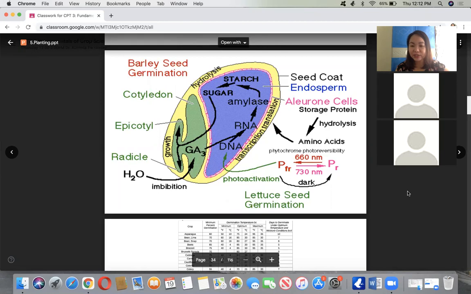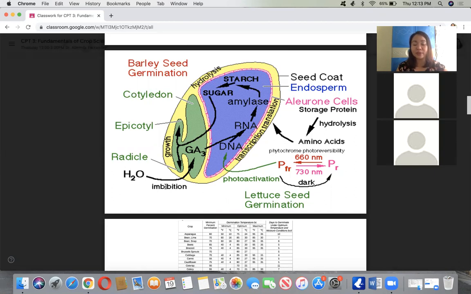In this session, as I have said earlier, there are different factors that affect the germination of plants. The first is water, the water or moisture content, and we have the presence of oxygen.